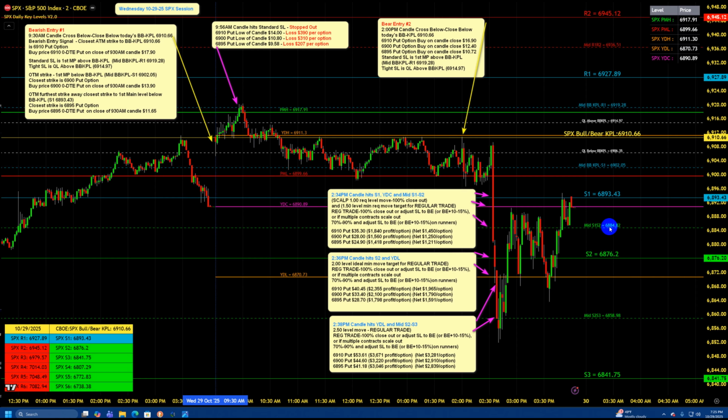Our first out of the money would be the closest strike to the first midpoint below on the bearish play, and that would be the 68.85 put, which is the closest strike to this midpoint. And then the furthest out of the money we could consider would be the closest strike to one level below, 68.7620, so that would be the 68.75 put.